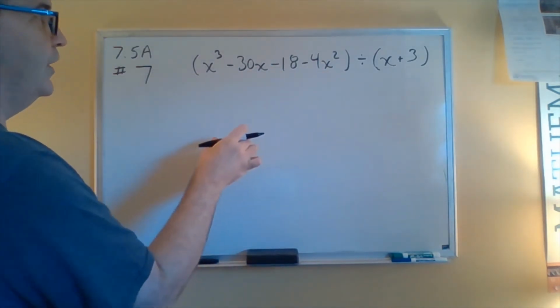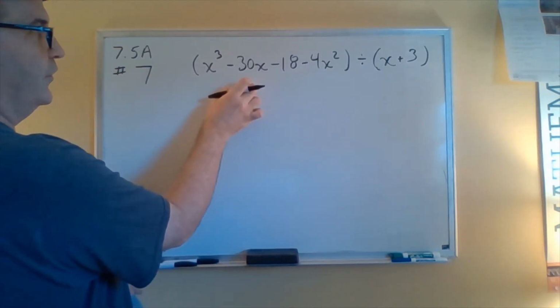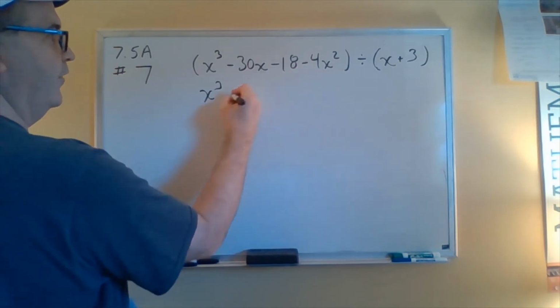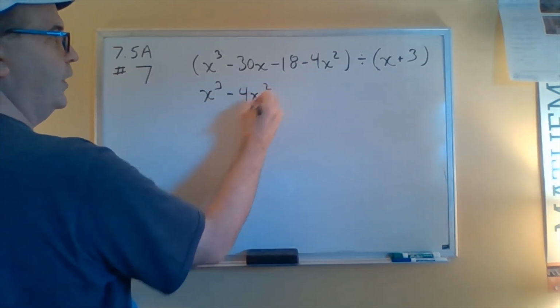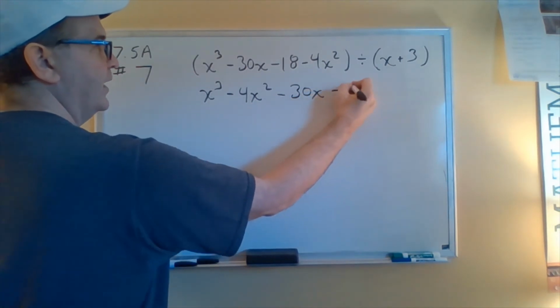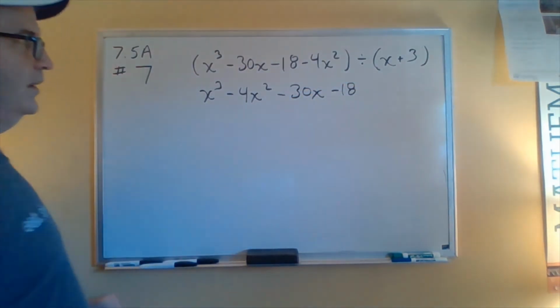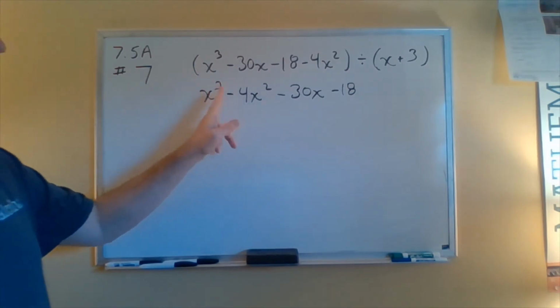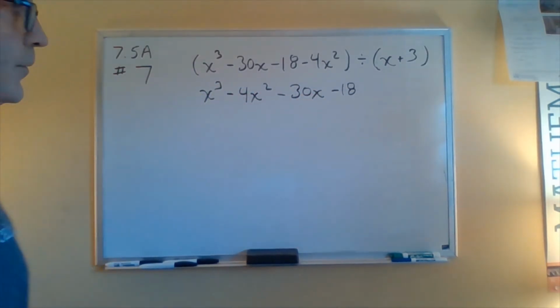So I'm going to have x cubed, then minus 4x squared, then minus 30x, and then my constant of negative 18. So I just had to rewrite that so my exponents were starting with largest and carrying down to smallest.